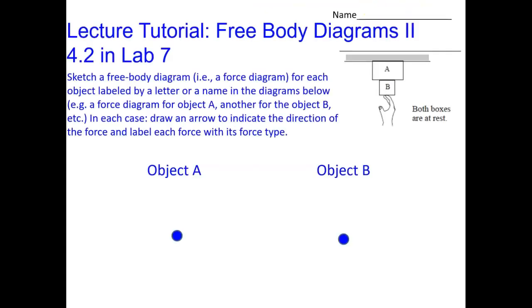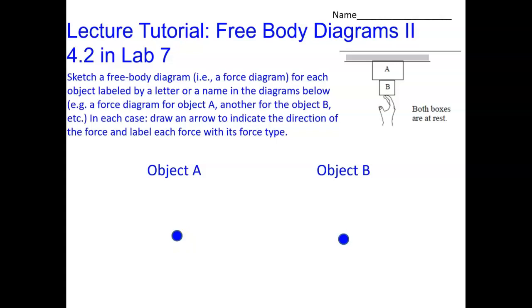The first lecture tutorial is a lot like what we've just done, and a couple of tips here. Again, you're going to draw a free body diagram for object A, and you're going to do a free body diagram for object B. First, start off by drawing the non-contact forces, and then start asking yourself what is physically touching each object.